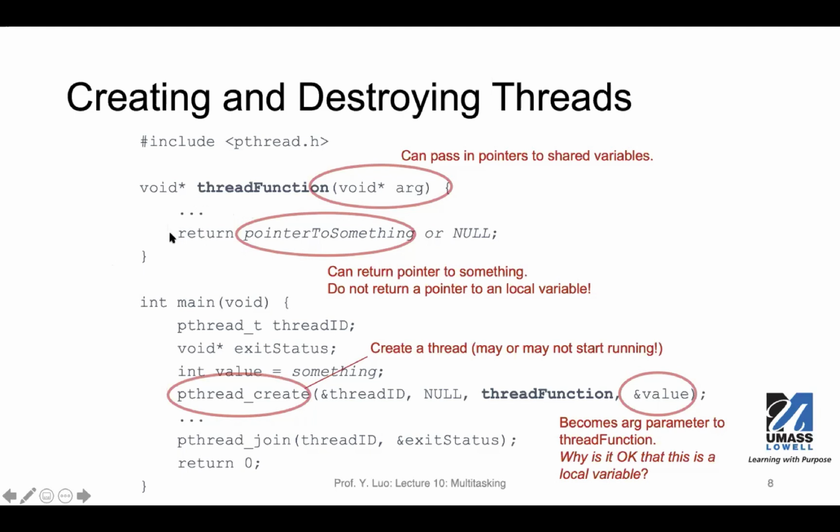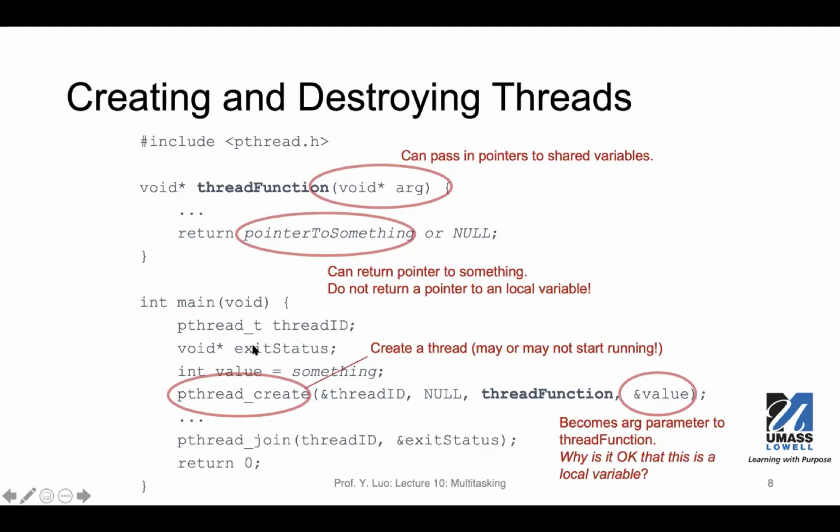And so when this function returns, the space allocated to that variable will be released. If you return the pointer to that variable, that means this pointer will now point to a memory location that's not allocated, that's just been released because this thread function returns.